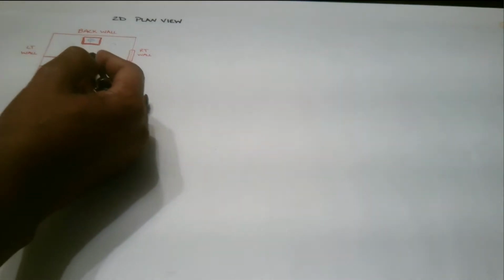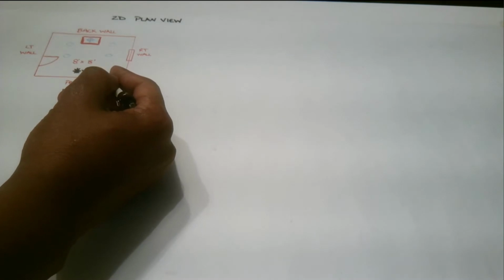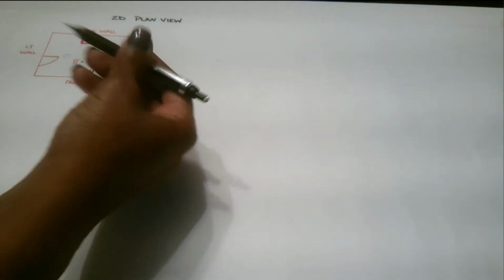So what we need to do is take this 2D image or floor plan or plan view and bring it to life as if you are actually standing at the front of this room and you're looking back at the back wall, and you also have your right and left walls and your ceiling and your flooring above and beneath you.